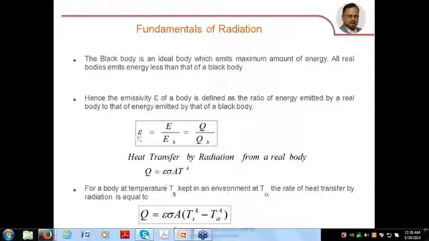Therefore, we define emissivity epsilon for a real body as the amount of energy emitted by that real body to that emitted by a black body. So we say Q for a real body is epsilon sigma A T to the power 4. Whenever a body is kept in surroundings at T alpha, the net radiant heat energy between the body and environment is Q equal to epsilon sigma A into Ts to the power 4 minus T alpha to the power 4.